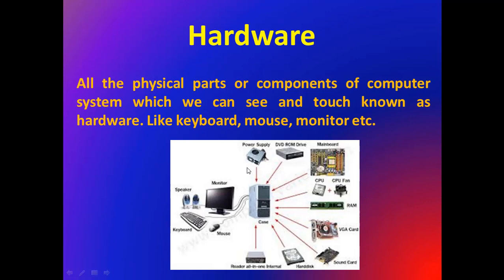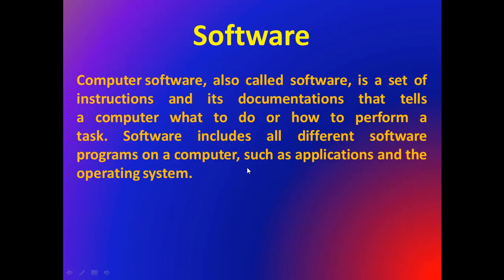These are all components of your CPU box. Okay, students. Next: software. Hardware is the physical parts of the computer system, which you can see and touch. Computer software is a set of instructions and its documentation that tells a computer what to do or how to perform a task.